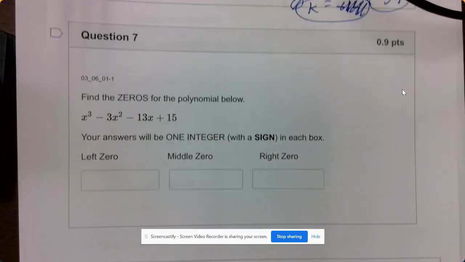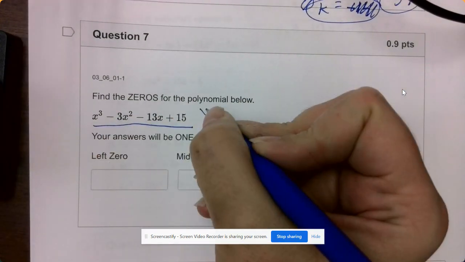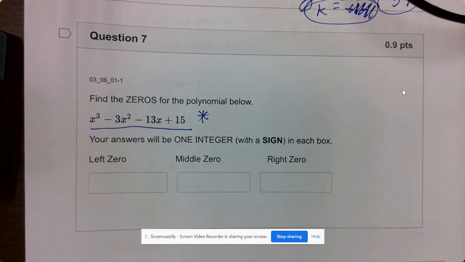Okay, so this one, everybody, we definitely want to graph. So it says find the zeros. So we're going to graph it on the graphing calculator. We'll graph one.